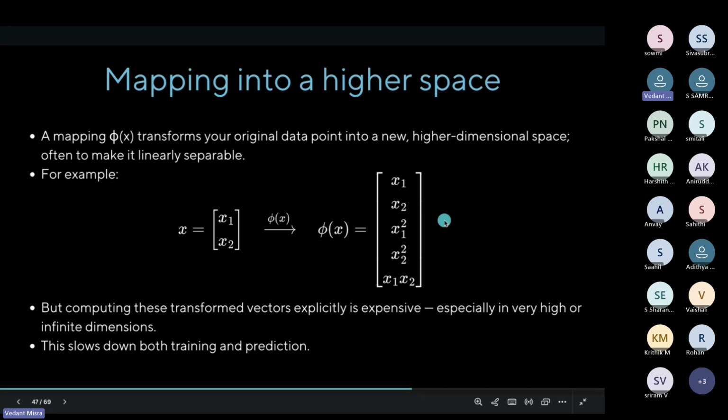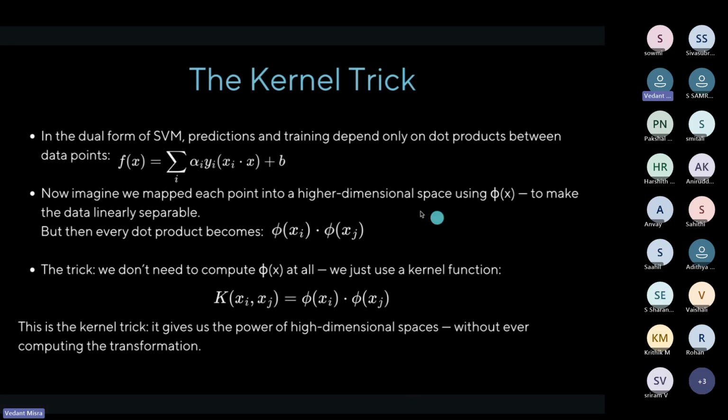So what we want is some sort of hack. And one thing that I hope you remember by now, because I think I said it too many times, is that in the dual form, the only thing we do with that data is we take dot products. So originally we had xi dot xj. Now, once we map it to this high dimensional space, let's say we get phi(xi) and phi(xj).